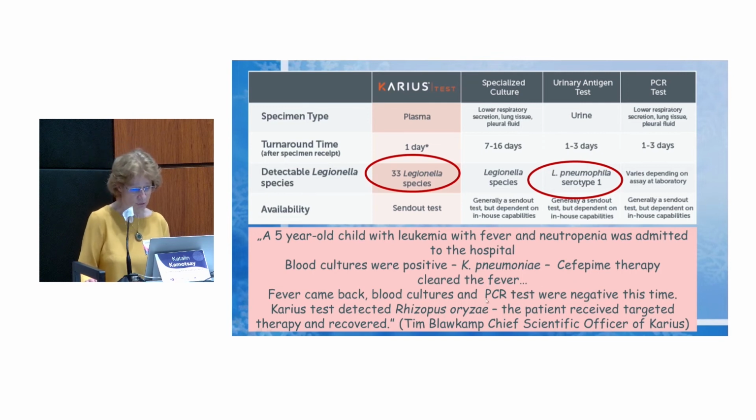I will try to rush, so I will not read out this story of the scientific officer of Karius, but it was a very nice story of a small child who had Klebsiella pneumoniae detected by blood culture, and cefepime therapy cleared the fever away, but the fever came back, blood cultures and even PCR tests were negative, and then the Karius test detected Rhizopus oryzae.